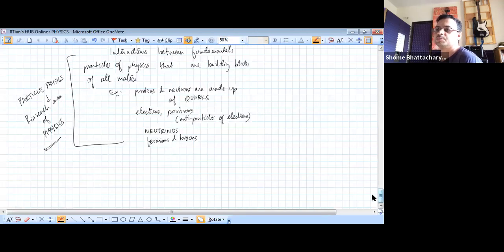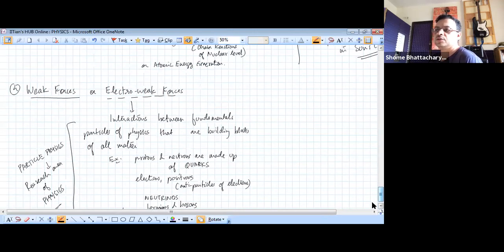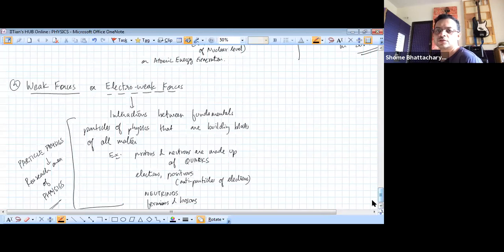Quarks have something called spin, and that's where you would have heard the term down quarks and up quarks. The nature of charge also comes from the nature of the quarks or the combination of quarks. Anyway, all this is extremely high-end physics. It's a part of research in particle physics, so we won't be getting into that.